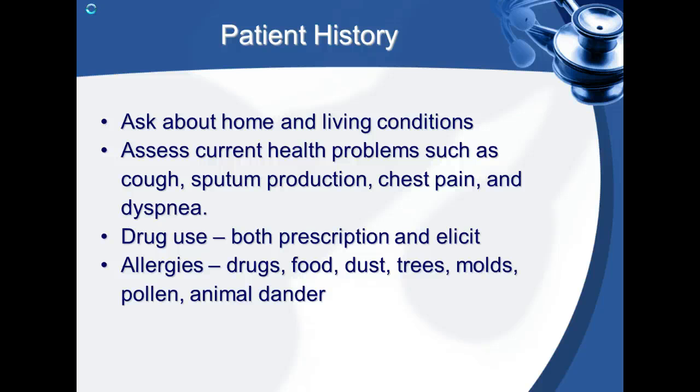You want to ask about the patient's history, ask about home and living conditions, as I said before, and assess current health problems such as cough, sputum production, chest pain, and or dyspnea. Ask about drugs, both prescription and illicit, and of course, like I told you before, allergies to drugs, food, dust, trees, molds, pollen, and animal dander.